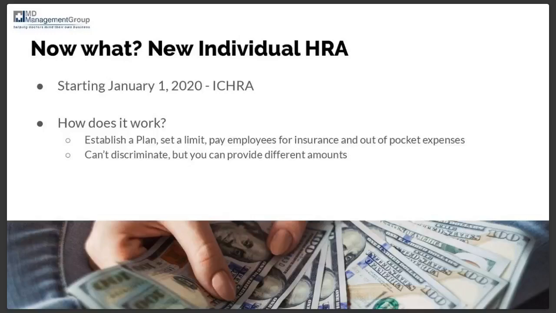That's another con, is that this is fairly new, so they won't know all that much about it. It doesn't provide benefits to uninsured employees. So if you have an employee on a spouse's group plan or employees with a health care sharing ministry plan, they may not participate in the ICHRA plan.